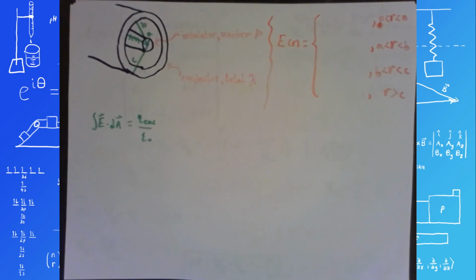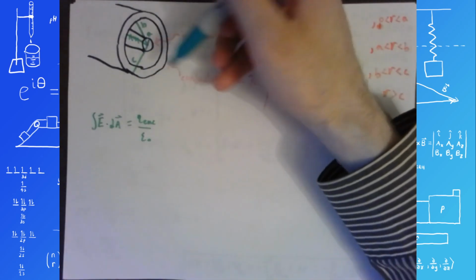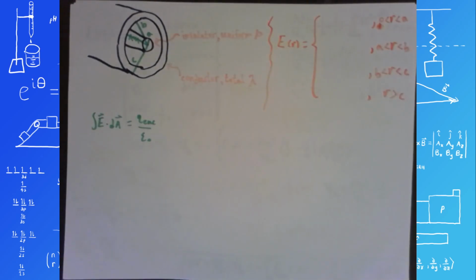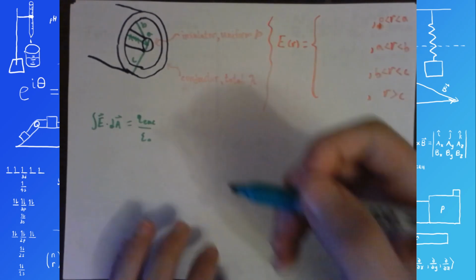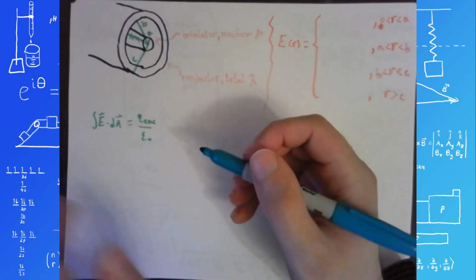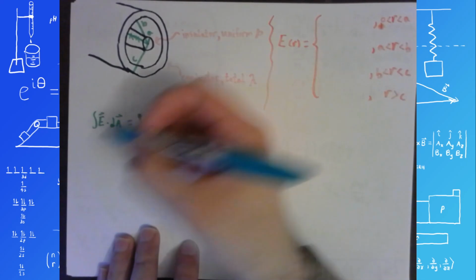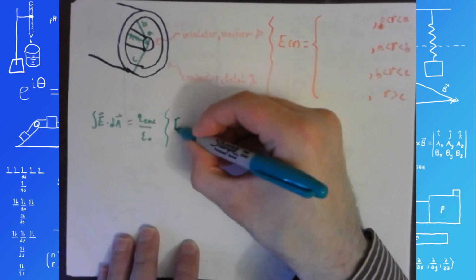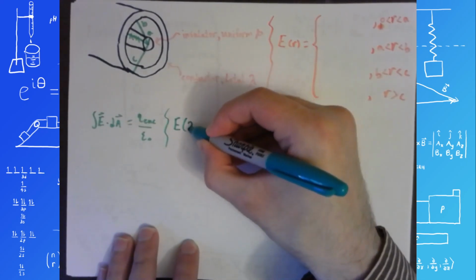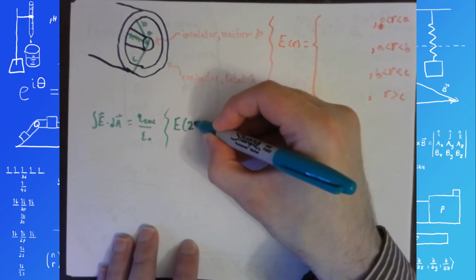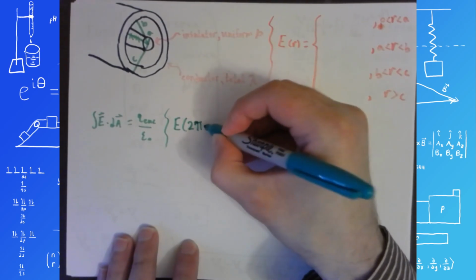And if it's not infinite, then usually if the cylinder is long enough, the electric field coming out of the bases is going to be insignificant compared to the electric field coming out of the side surface area. So E times the side surface area of a cylinder, E times 2 pi RL.